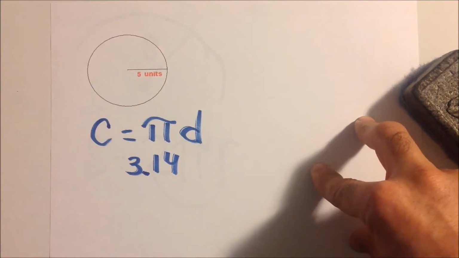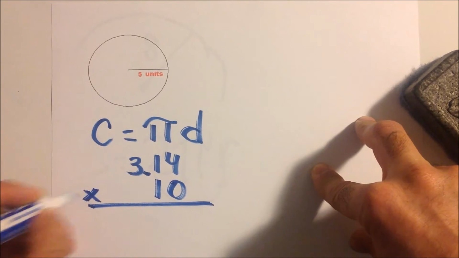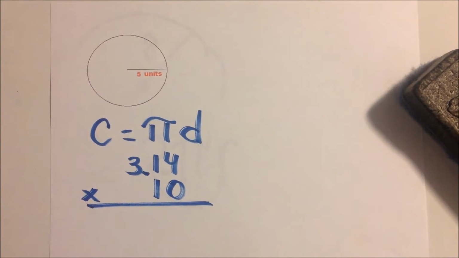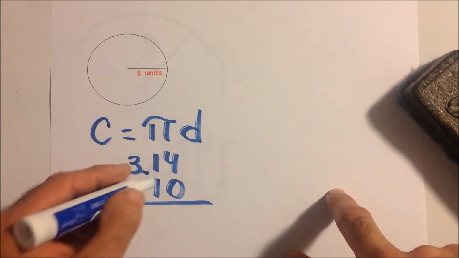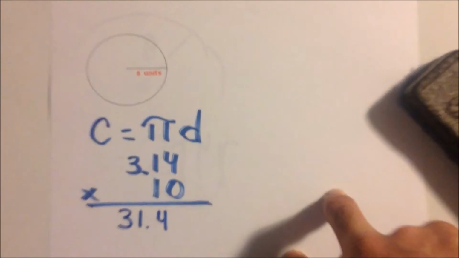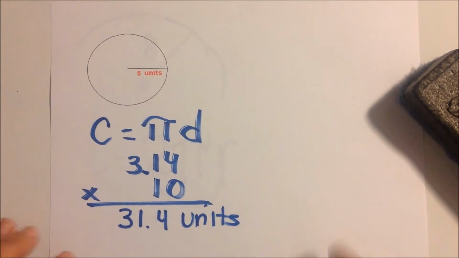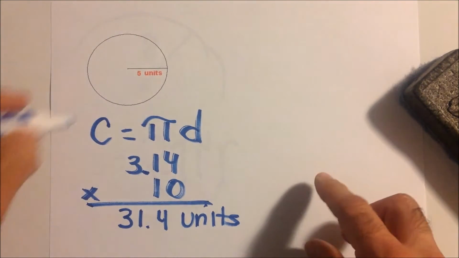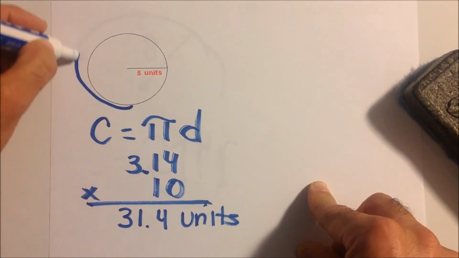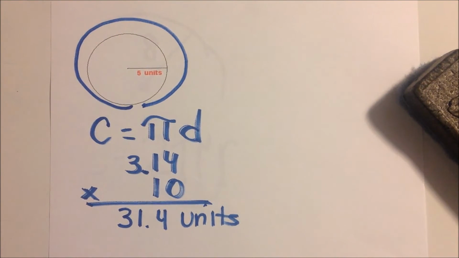The radius is 5, so the diameter has to be 10. Just multiply that, and what do we get? It's easy when you multiply by powers of 10, so you'll just get 31.4 units. Again, circumference is not squared. So the distance around this circle is 31.4 units.